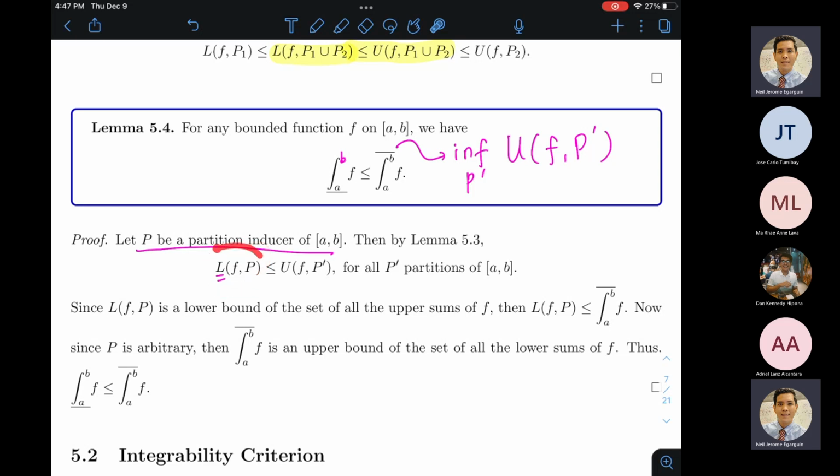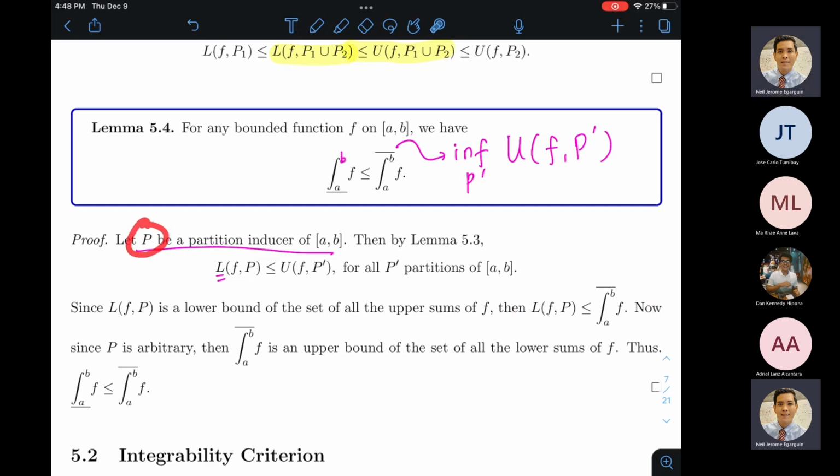So therefore, this lower bound must be smaller than the infimum by the very definition ng pagiging infimum, yung infimum greatest lower bound. So definitely this guy will be less than or equal to the upper Riemann integral, being the infimum of all the upper Riemann sums. All right? So kaya meron tayong inequality na ito. All right, is that good?